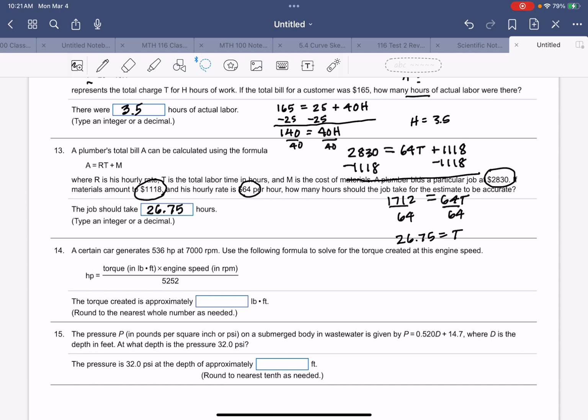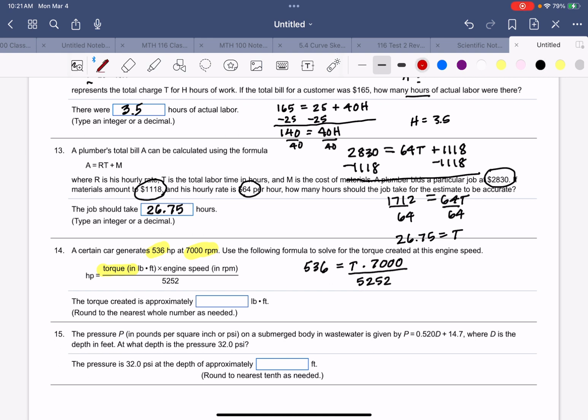So we know our horsepower, 536, and we know our engine speed, 7,000. What we don't know is this torque. So our horsepower, 536, is our torque, we'll just call it T, times our engine speed, 7,000, divided by 5252.